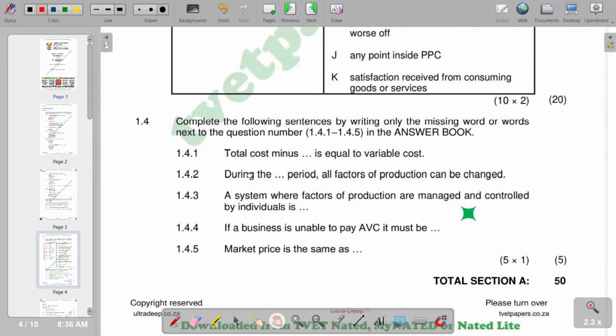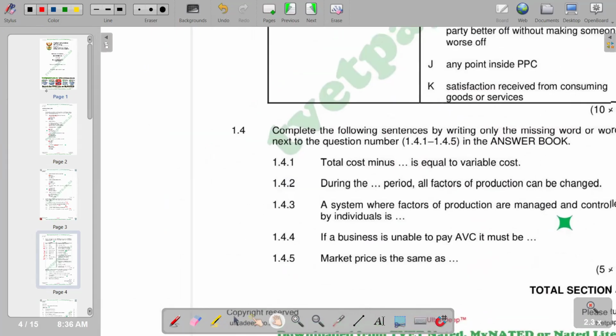Remember, we have a formula whereby fixed costs plus variable costs equal total cost. Of course, we try to make our equation visible. So we are saying total cost equals fixed cost plus variable cost.